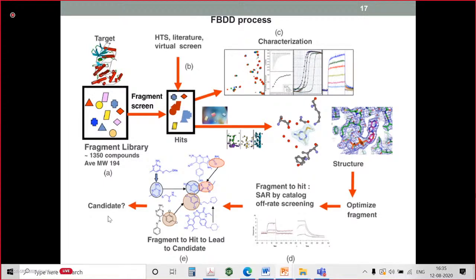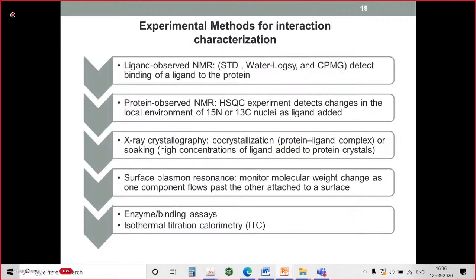Based on the target molecule or the ligand, we can use different approaches for optimization as well as characterization. The experimental approaches used to find the interactions: one is the NMR technique.